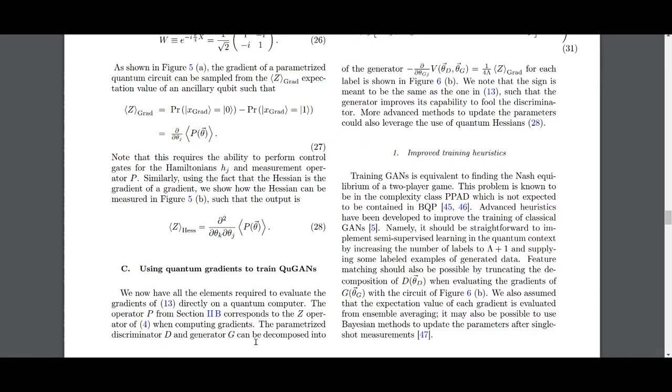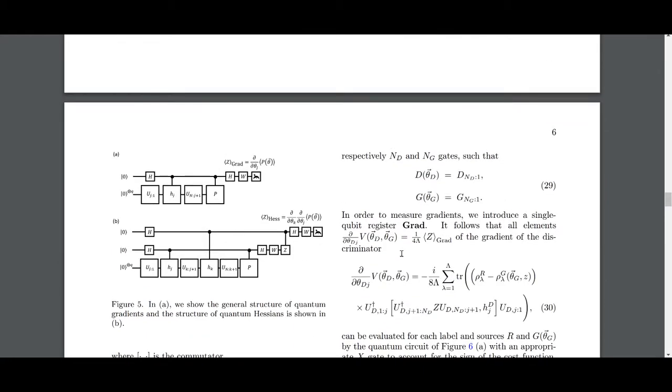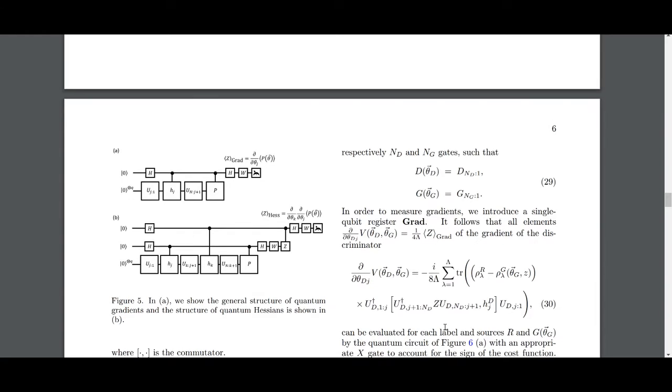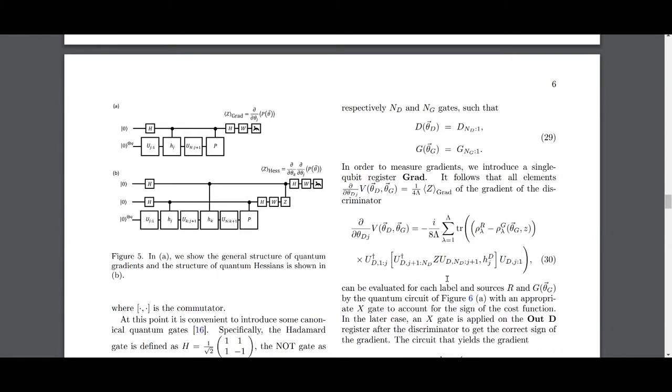The parameterized discriminator D and generator G can be decomposed into respectively N_D and N_G gates, such that it follows that all elements can be evaluated for each label.